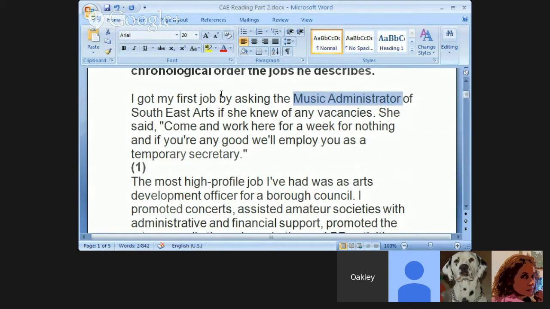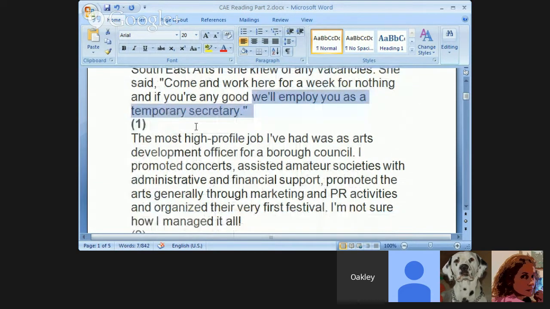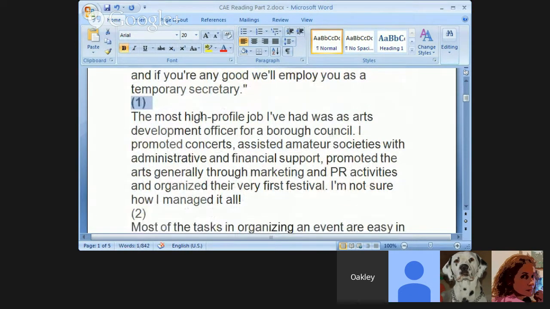By asking the music administrator, she knew of any vacancies. Okay, we'll employ you as a temporary secretary. And then 1. So you can skim down and kind of note to yourself, what is paragraph 1 probably going to be about? Because the next one starts the most high-profile job I've had.